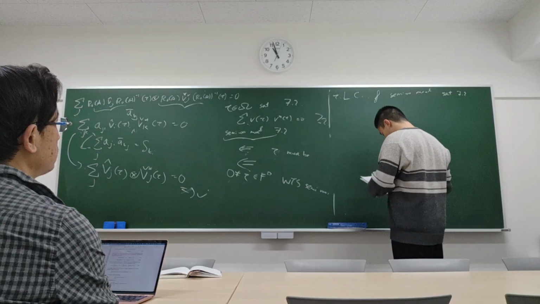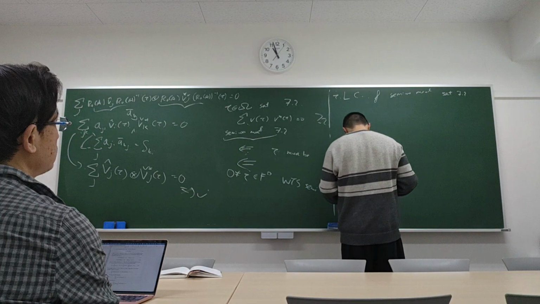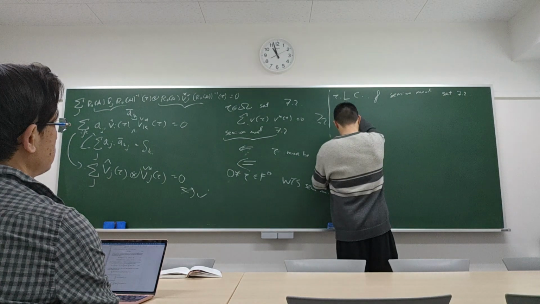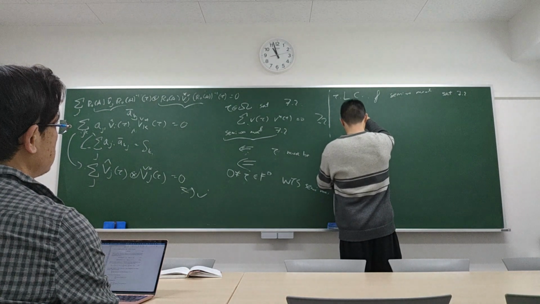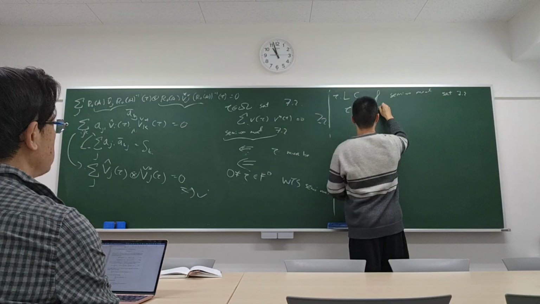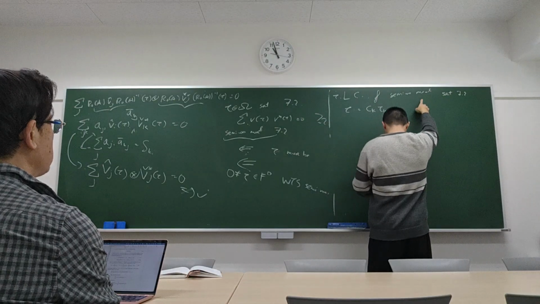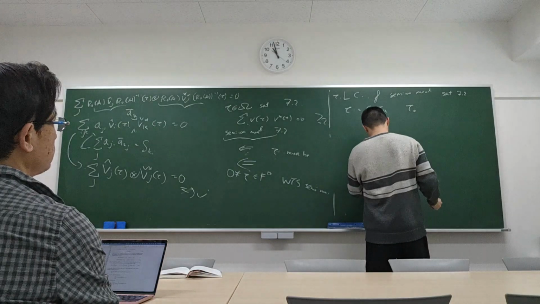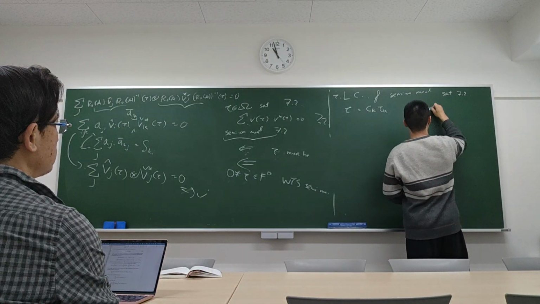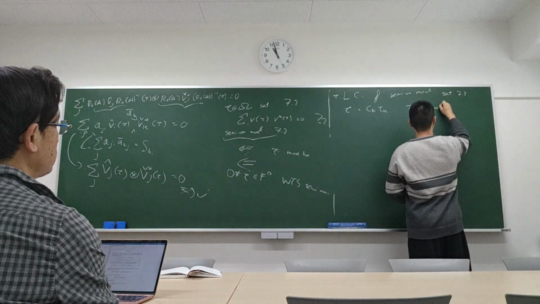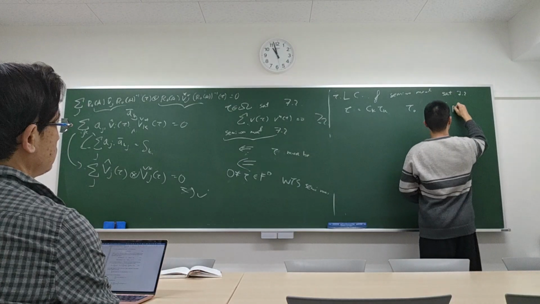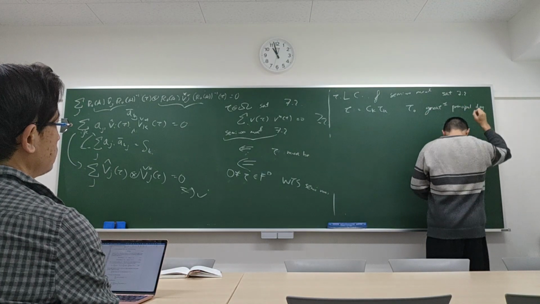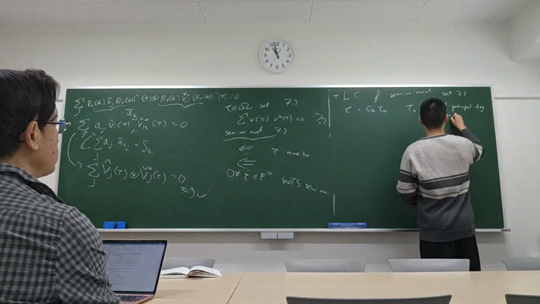Each of them satisfies 7.2. And so this tau must be some sum of c_k tau_k. Each of these is a semi-infinite monomial, with tau_0 having the greatest principal degree, and we assume c_0 is equal to 1.